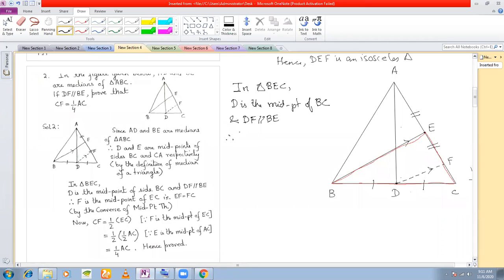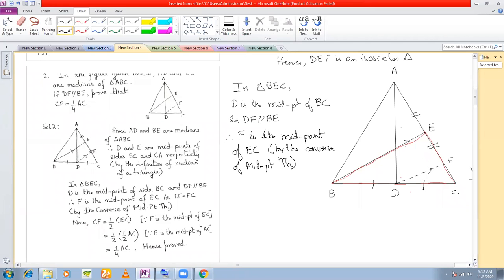Therefore, F is the midpoint of EC, and this is by the converse of midpoint theorem. Okay. So we have proved that F is the midpoint.